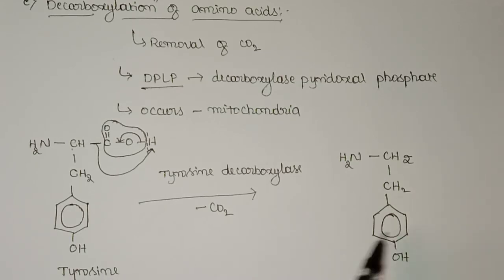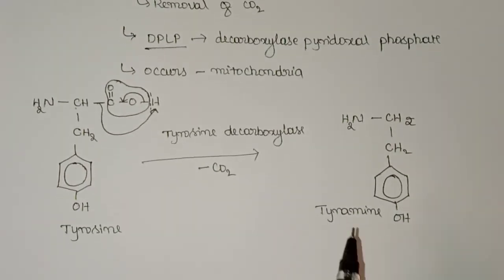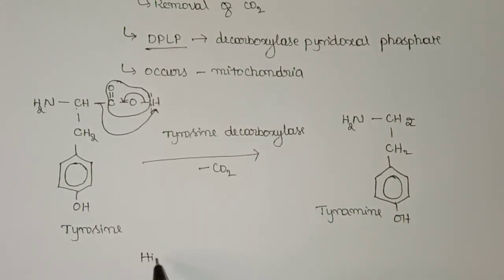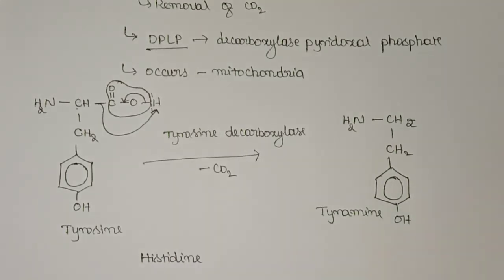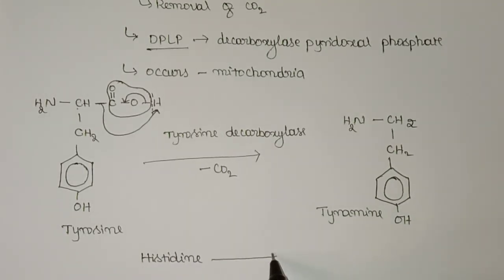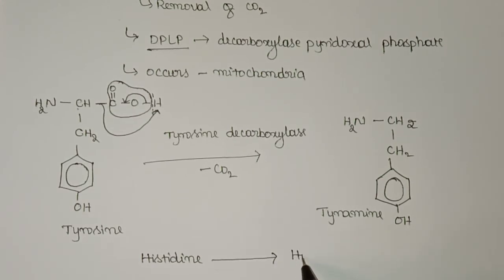The product is an amine called tyramine. Similarly, if you subject histidine to decarboxylation, the product will be histamine.